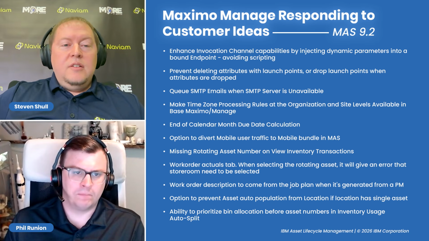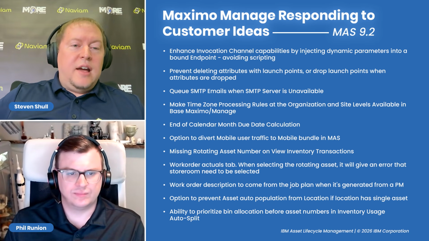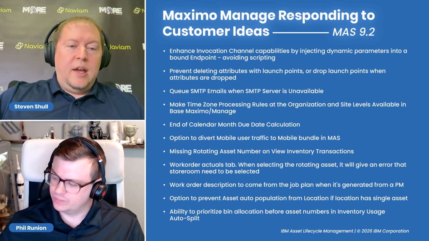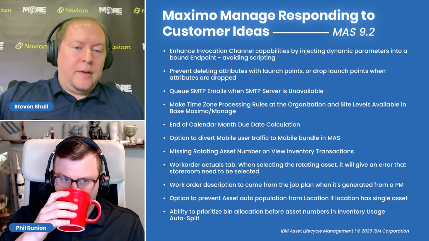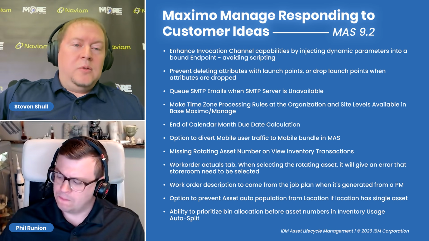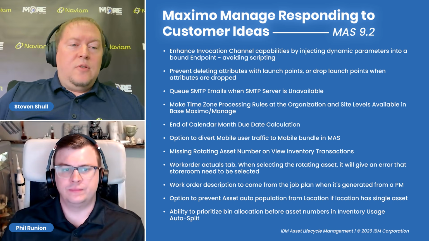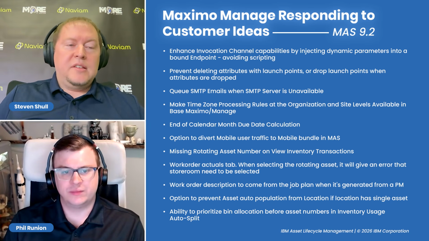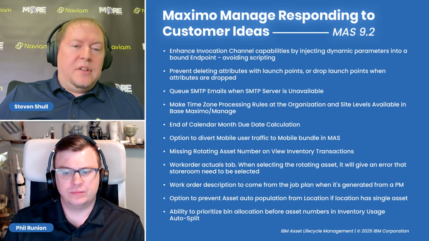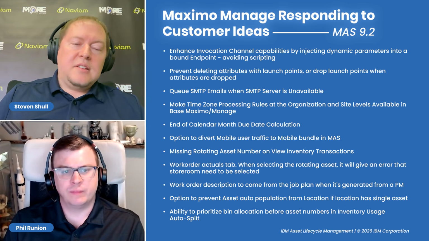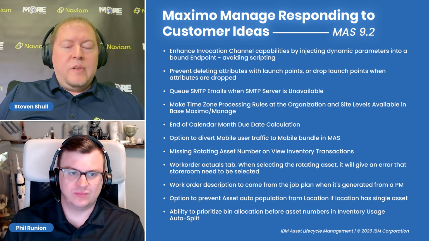But in 9.2, one of the features they're adding is the ability to control that at an organizational level instead of a global level, and at a PM level. So if you want that PM to generate on the last day of the month, you can set that flag and it will actually calculate the last day of the month. So that's really good.